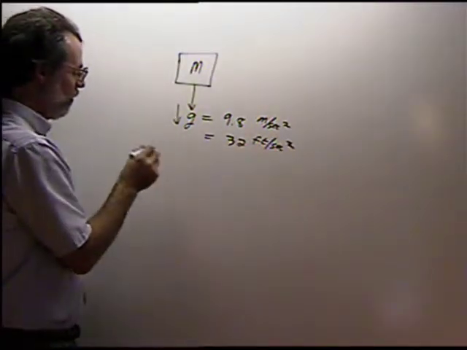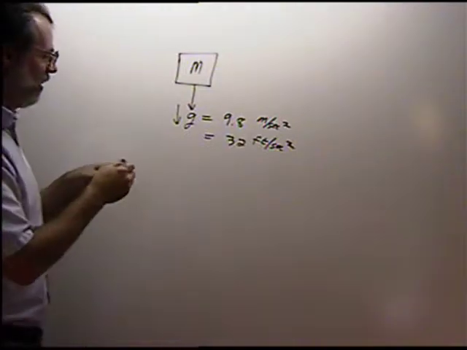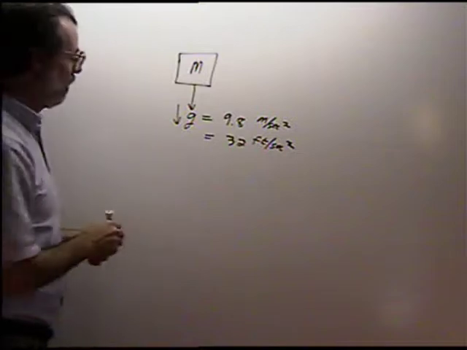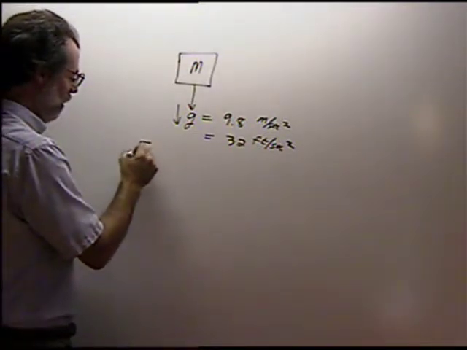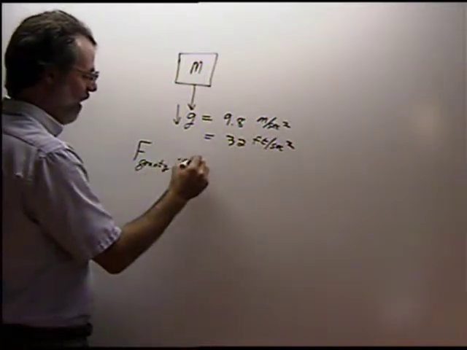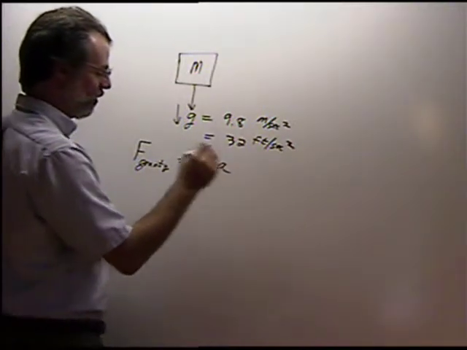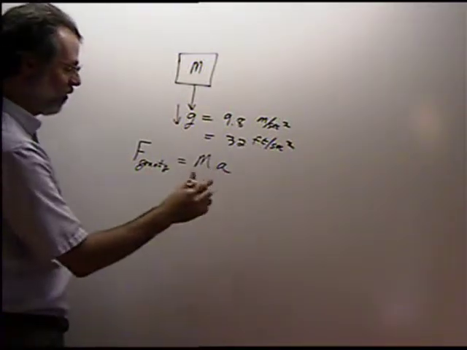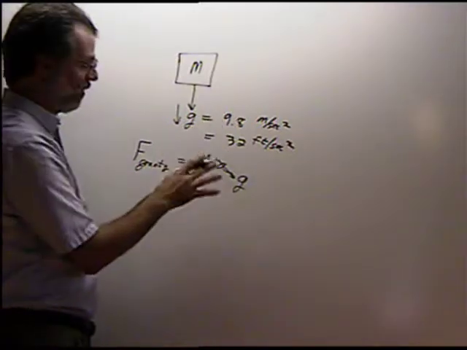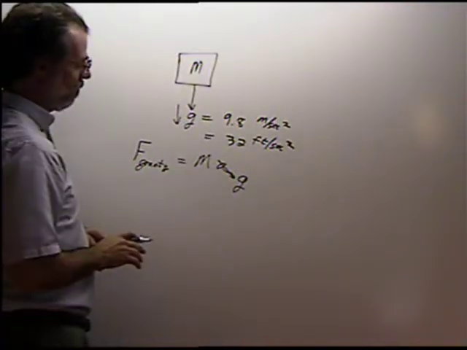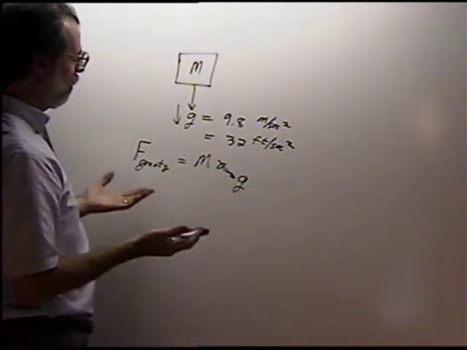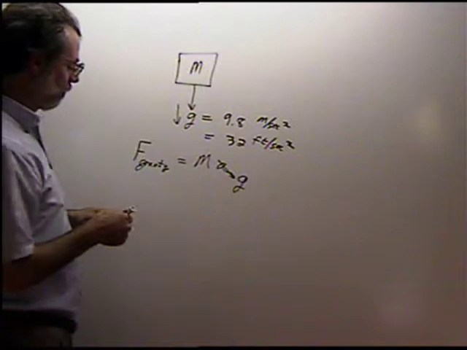So we can suppose we have a mass and it's not held and gravity pulls it down. So the force of gravity is the mass times the acceleration, F equals ma. The acceleration is g, the acceleration on the Earth, pretty much on the surface of the Earth.